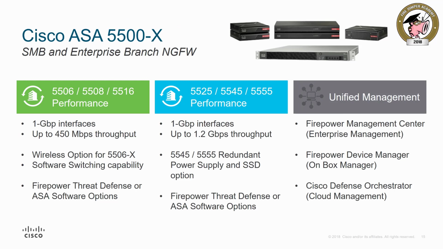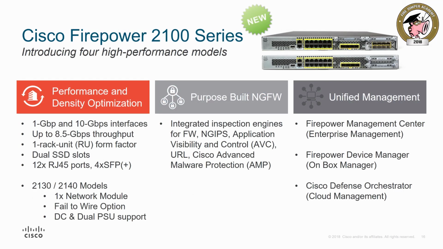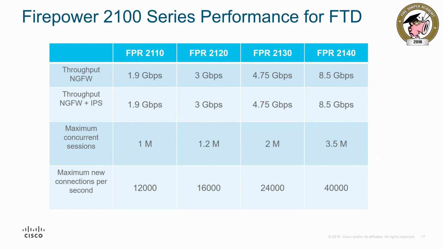In terms of the Cisco ASA 5500X, as you can see here, some more details around the capabilities and some other facts and figures. So in terms of performance data, we have a good slide here to show some throughput capabilities on the Firepower 2100 series with FTD.